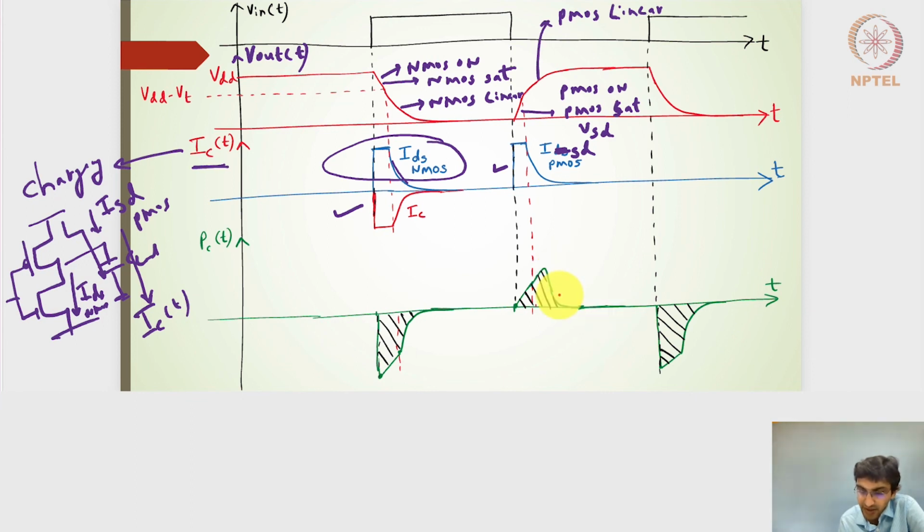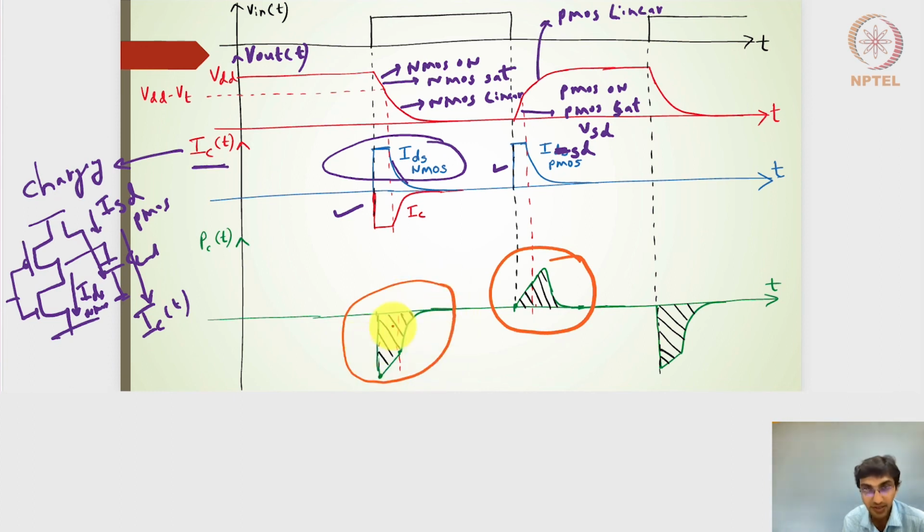Right. So note that the PMOS is helping in charging the capacitor and the NMOS is helping in discharging the capacitor. So the area under this particular power profile should match the area under this particular profile of the capacitor while it is discharging.